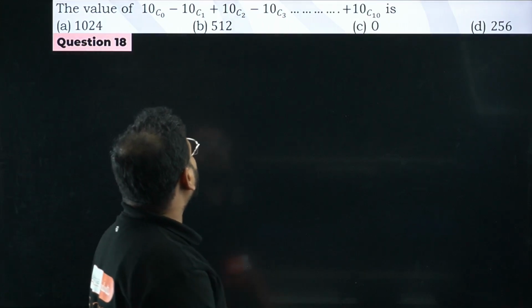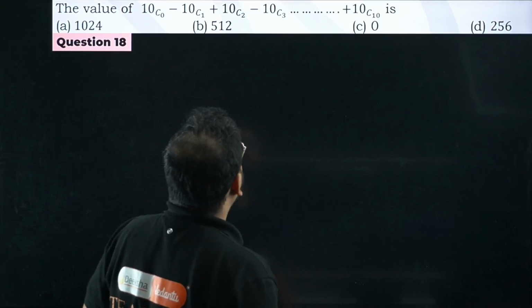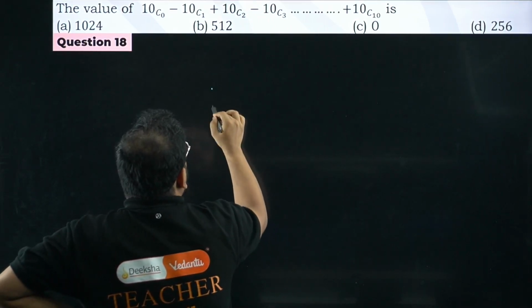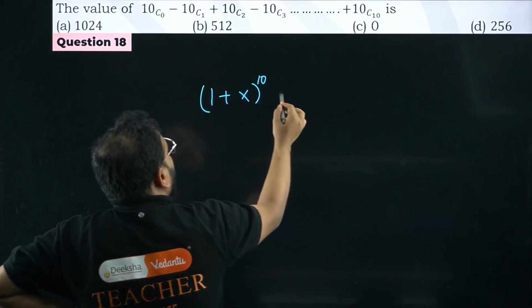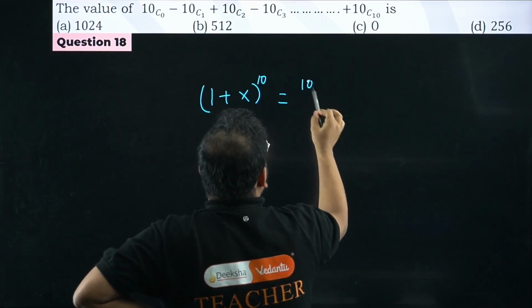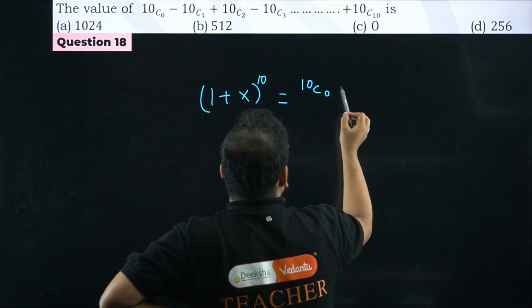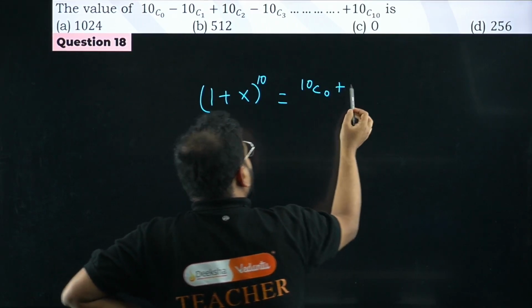The value of 10C0 minus 10C1... Can I write this in terms of an expansion, sir? Let's say I write (1 plus x) power 10. I'm going to get 10C0, plus 10C0 with x power 0, as it is.